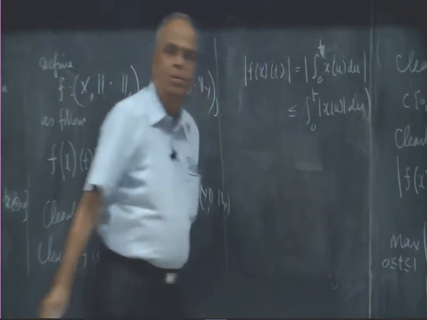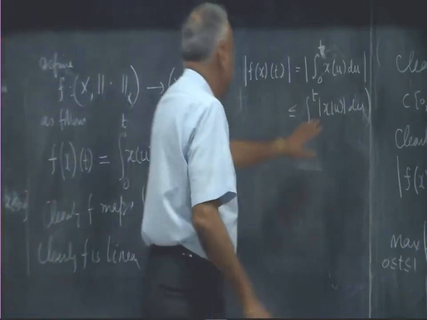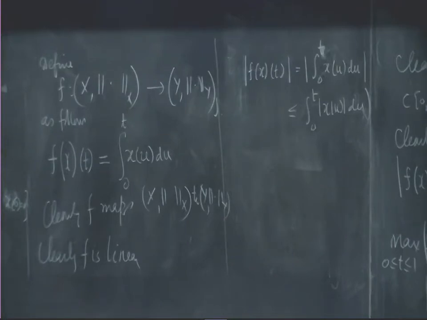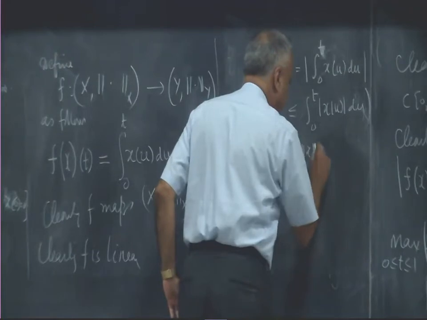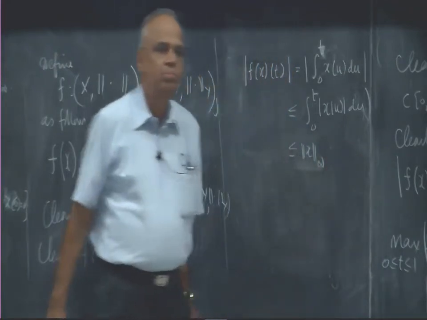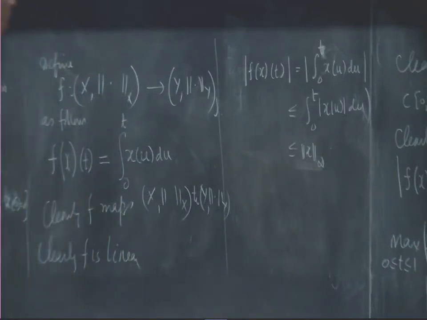The modulus of the integral is less than or equal to the integral of the modulus. Now the modulus of x is less than or equal to its maximum. So I can pull it out and compare, and the remaining integral is t, which is at most 1 because t runs between 0 and 1.